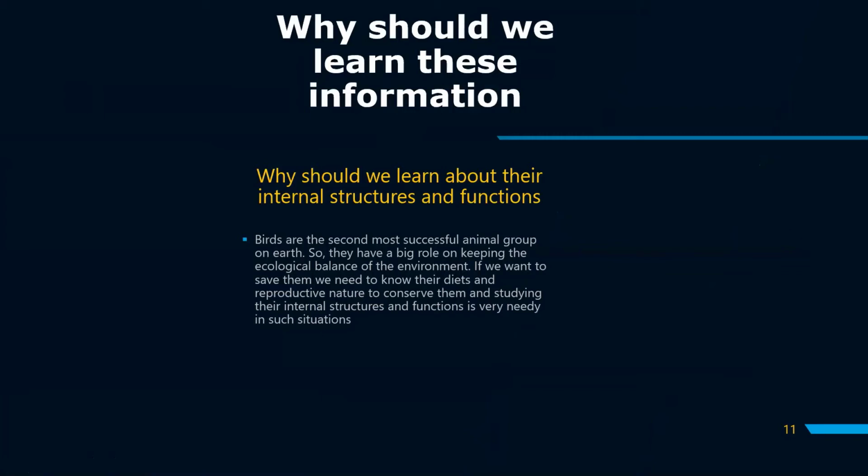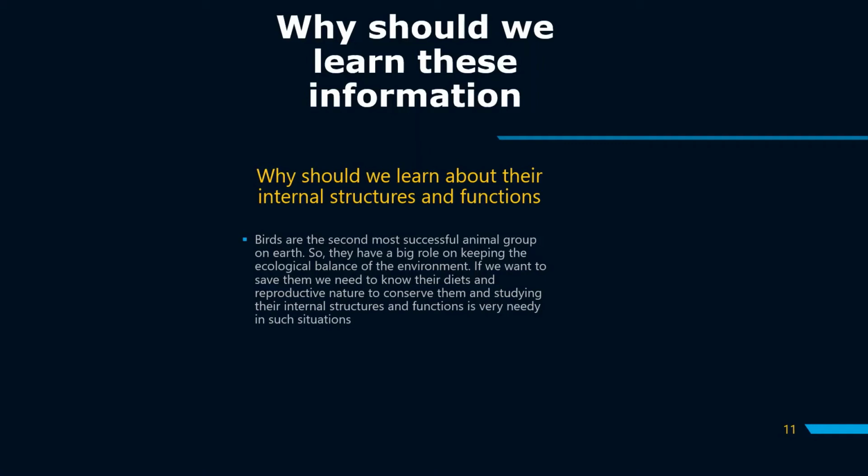If they go extinct, the whole Earth will go out of balance. So to conserve them, we need to know about their diets, their reproductive nature, and their behaviors. The best way to study them is by studying their internal structures.